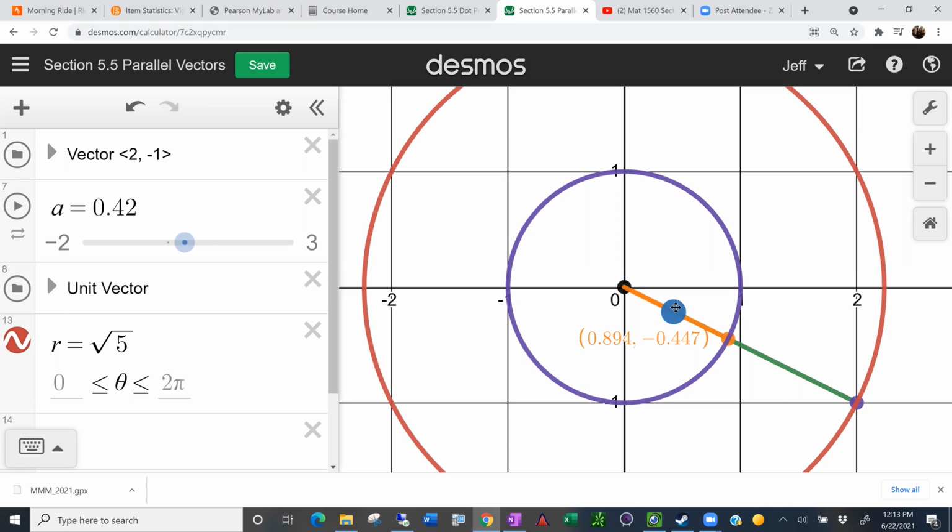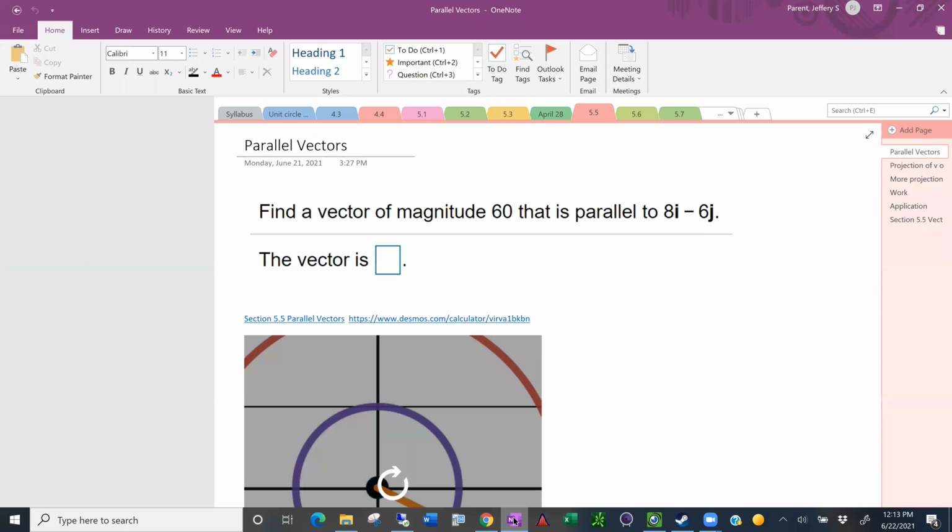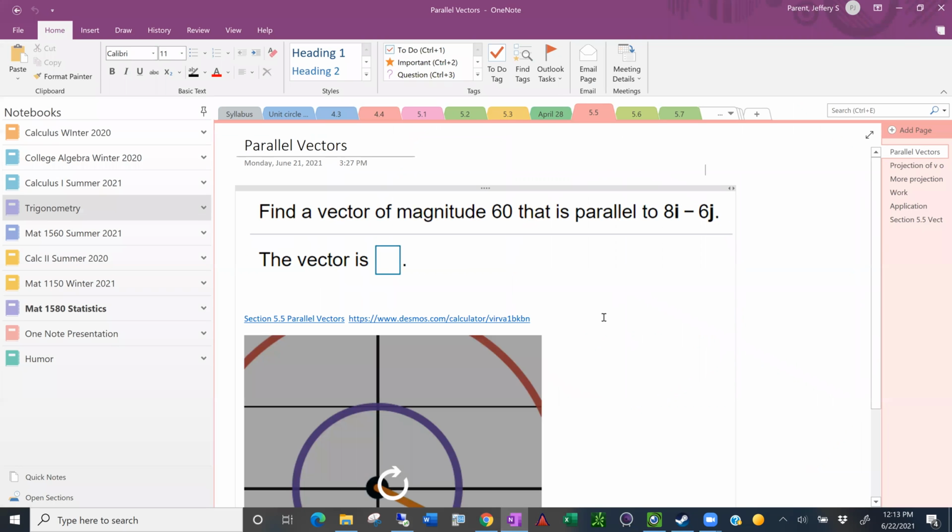You can take this vector and scale it so that it has whatever length you want. So you multiply it by the length that you need to get a vector that points in this direction and has a particular magnitude.